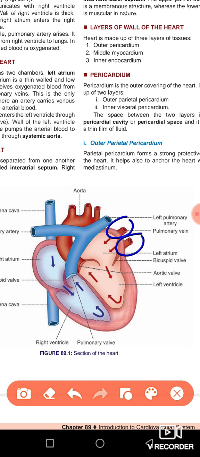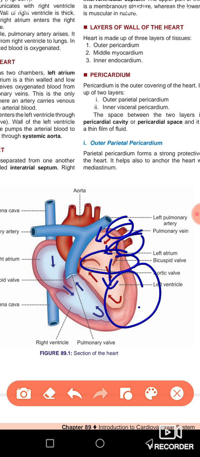They bring oxygenated blood into your, sorry, left atrium. After entering the left atrium, it faces the bicuspid valve, and after that it enters your left ventricle. You can see here the thick musculature of this left ventricle, and then it goes into your aorta.